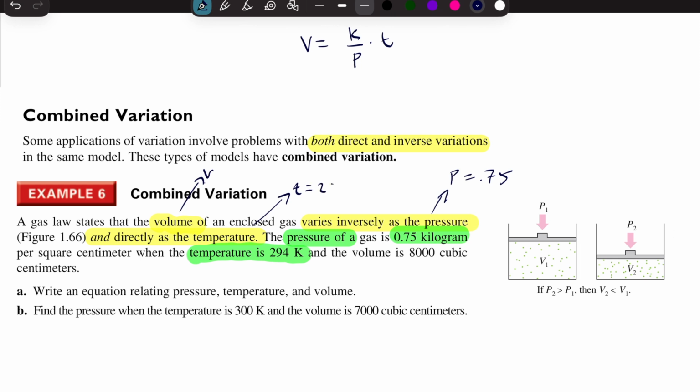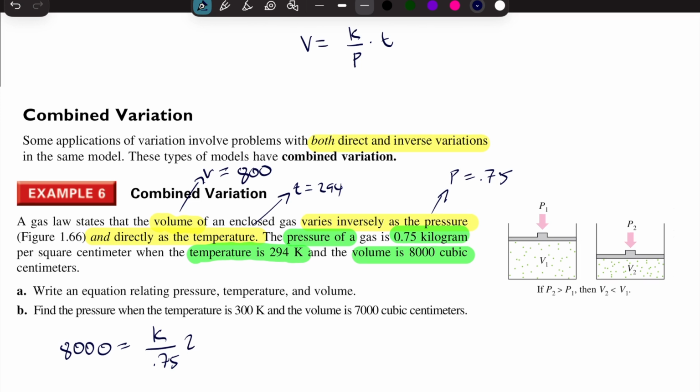So 294 for our T. And volume is 8,000 cubic centimeters. So V is 8,000. Okay. So we're just going to plug all that information in. So 8,000 equals K over, my P is 0.75 times my temperature is 294.